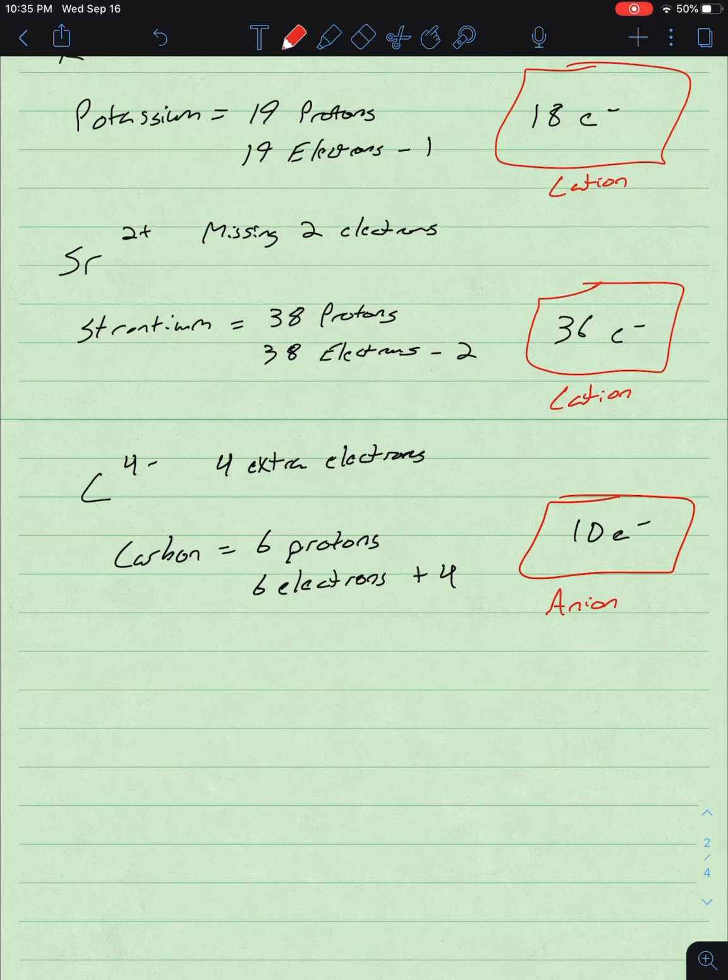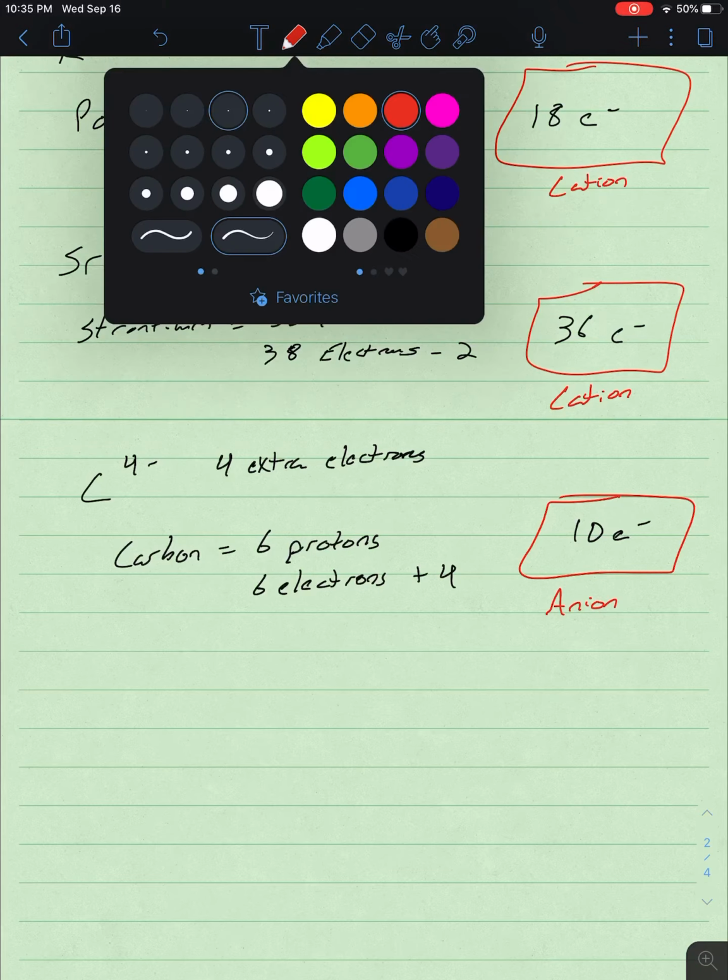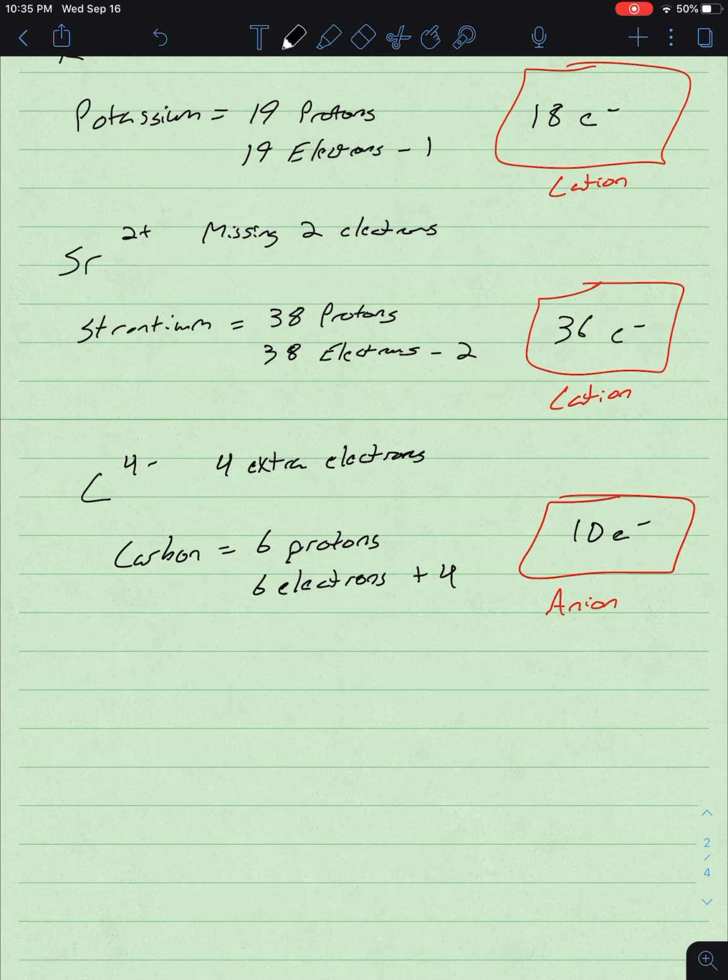Remember, if it was neutral, it would just equal the exact same amount of protons. Let me give you a quick example of a neutral one. If I just had carbon, there's no charge here, nothing. It would have 6 protons, and it would simply have 6 electrons.